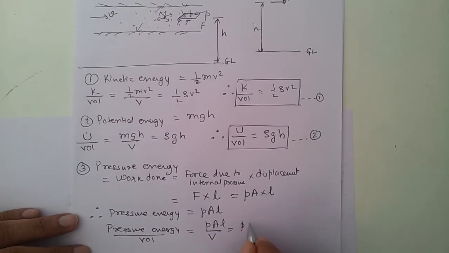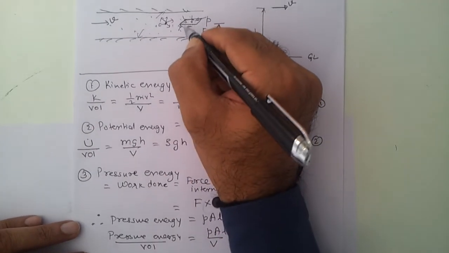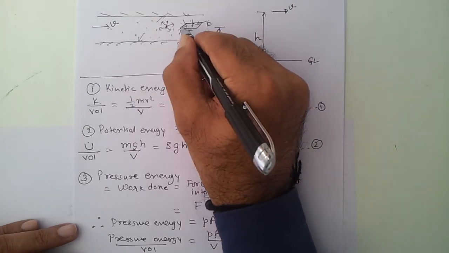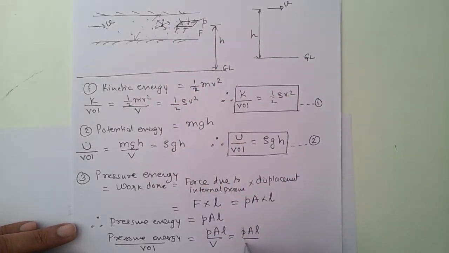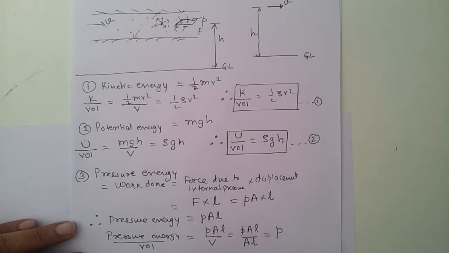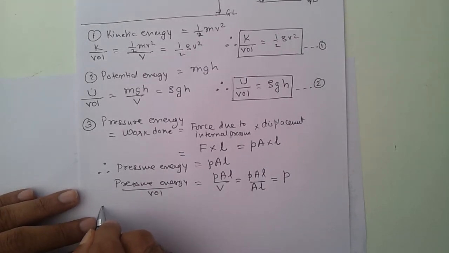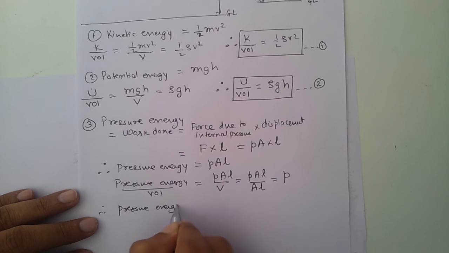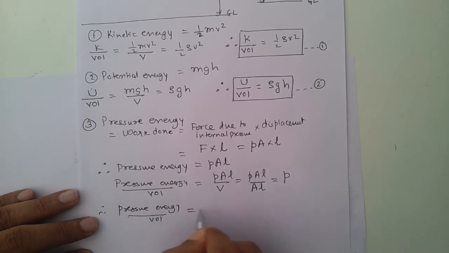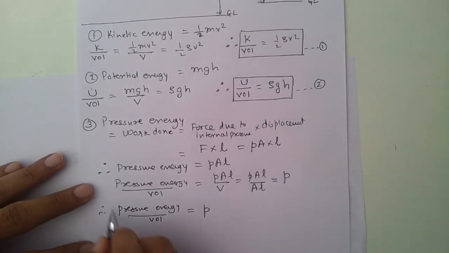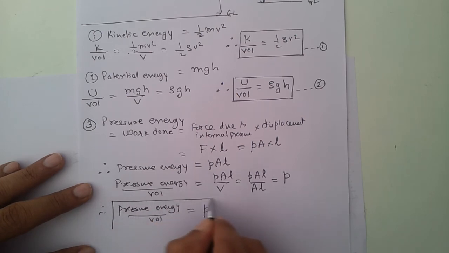Now what is the volume of the fluid or the liquid that we are considering over here? It is cross-sectional area into the displacement L. So volume will be A into L. A, L will get cancelled, and I'll get P. Therefore, I'll write down pressure energy per unit volume is equal to the pressure of the fluid. And this gives me the third energy.